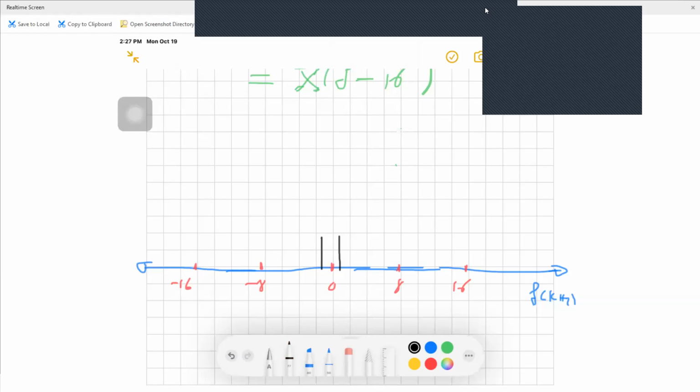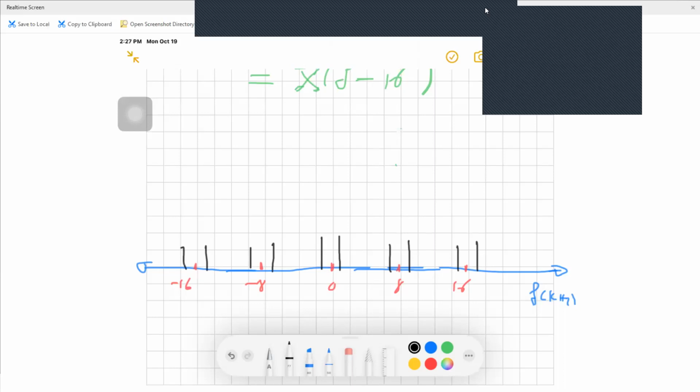Then we convolve X(f) with delta of f minus 8, and it appears at this point. With 16 it appears at this point, and with minus 8 here.